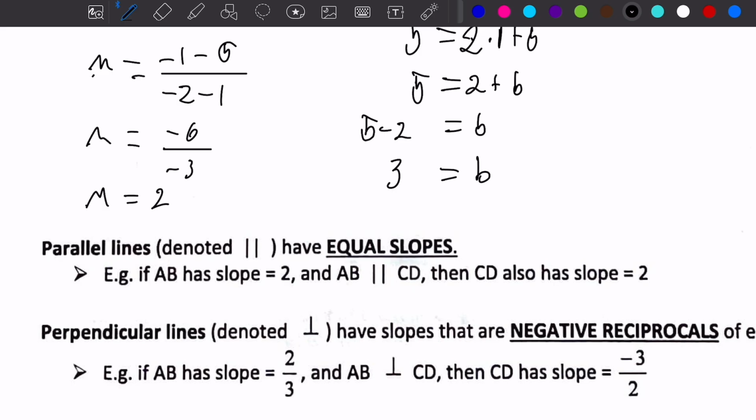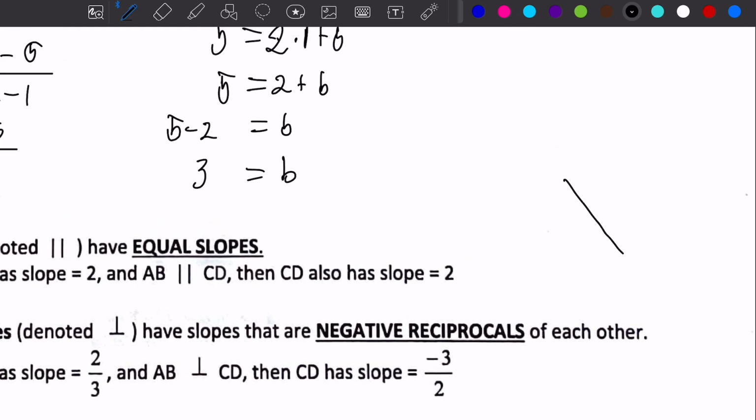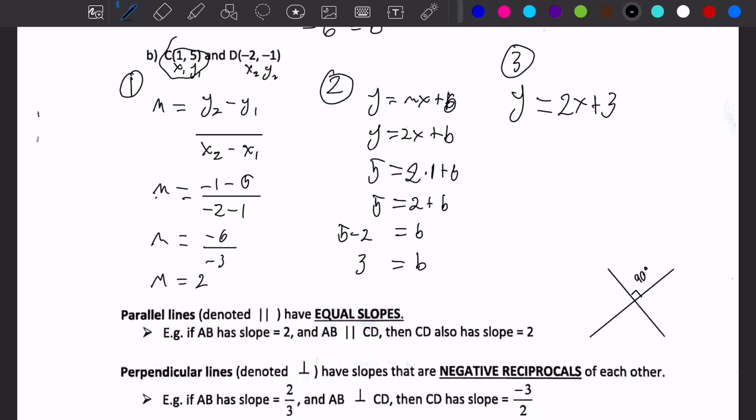If I had to draw, we have an iPad. Something like this, where they're intersecting and this is perfectly 90 degrees. That's what makes something perpendicular, right? So lines that are perpendicular have negative reciprocal slopes, which I think we did way back when in September.